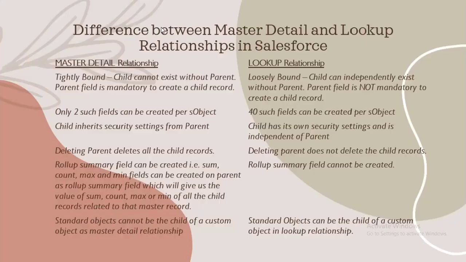So in case of standard objects, I cannot make them the child. I cannot have a student as parent and account as the child in master detail relationship. But in lookup relationship, I can have account as the child and student as the parent. That means a custom object can be the parent and a standard object can be the child to it in a lookup relationship, but not in master detail relationship.